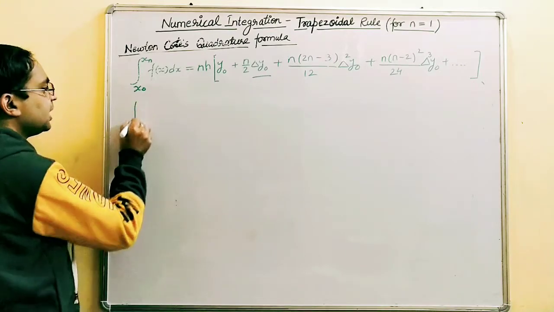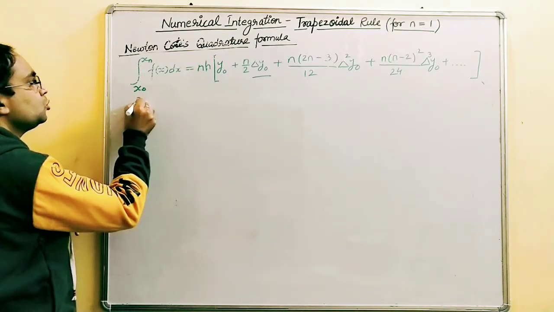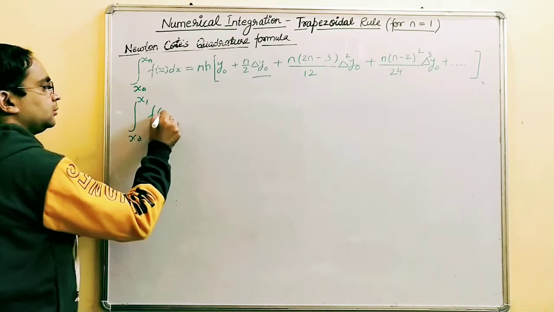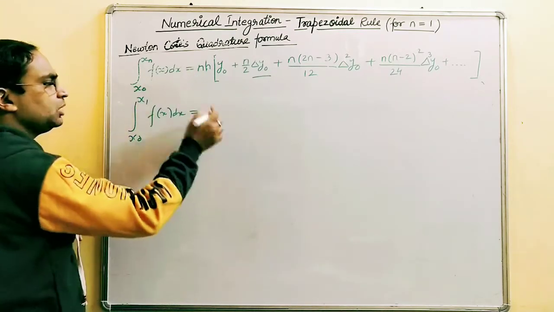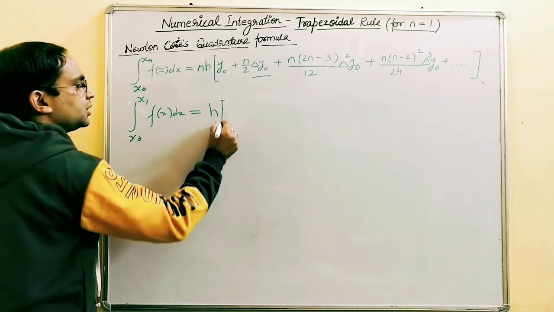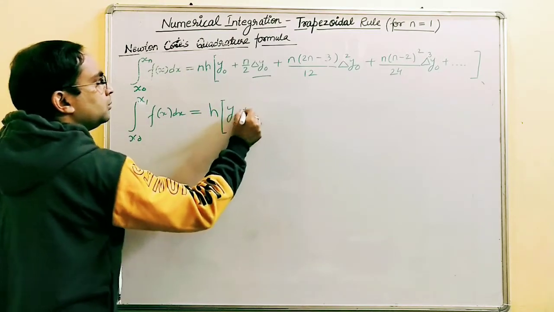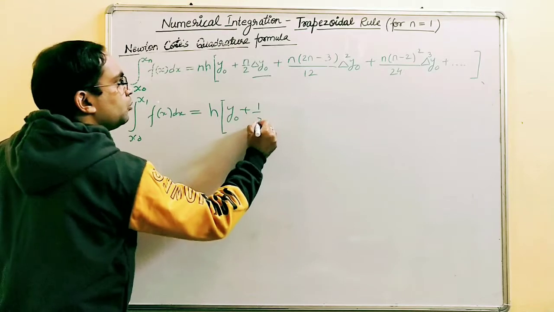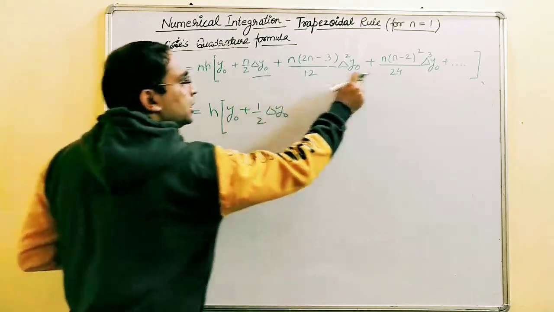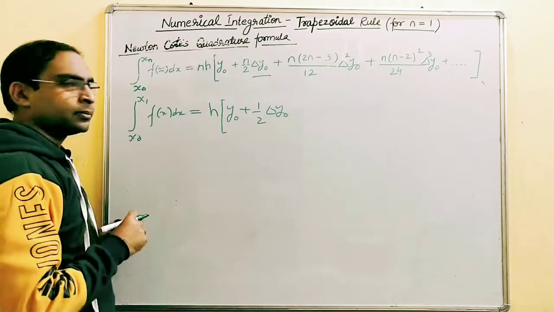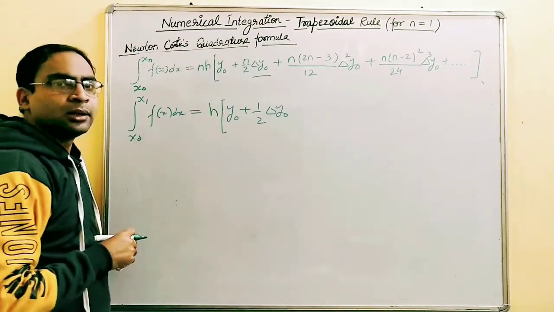On the left-hand side we'll have the integral from x0 to x1 of f(x) dx, which will be equal to h times y0 plus 1 upon 2 del y0, and we'll ignore the higher degree terms, because this is a linear polynomial.